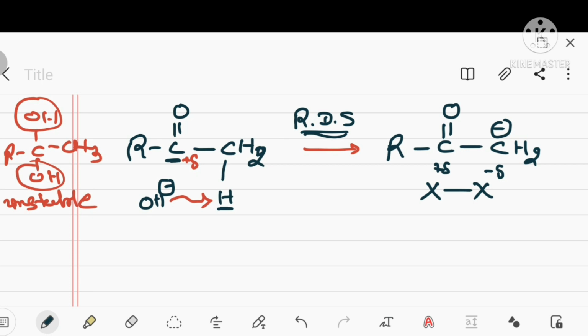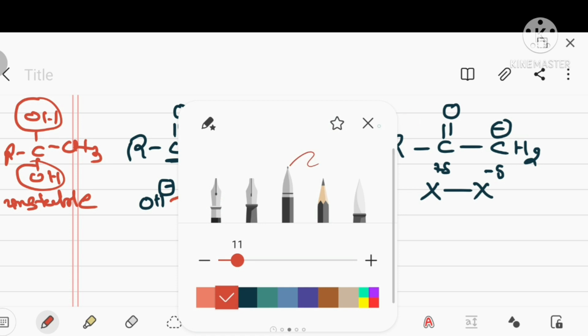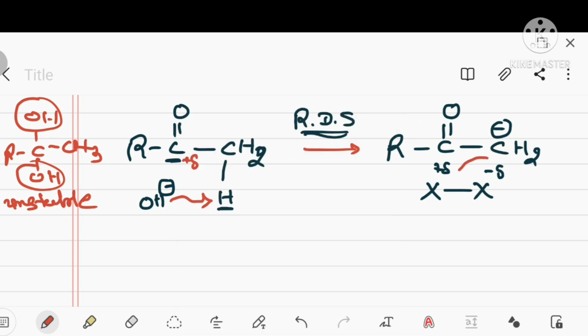So what will happen, actually this anion is attacking the delta plus halogen, and this bond is shifting to here.